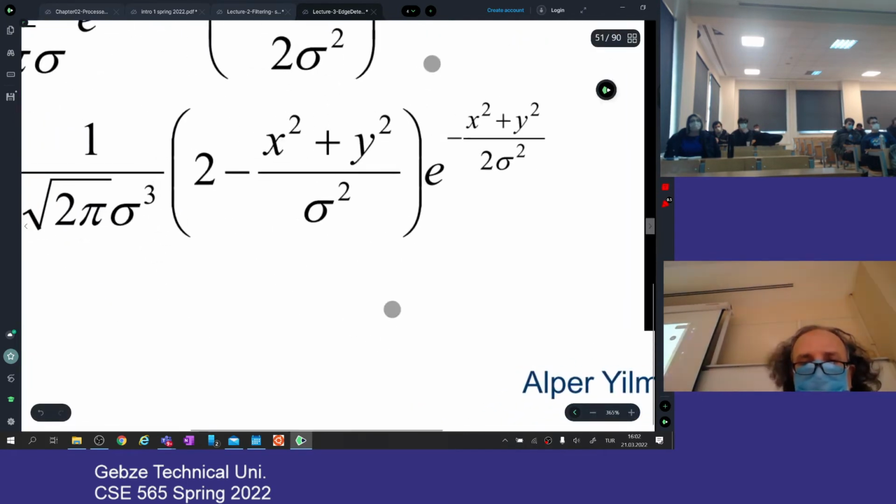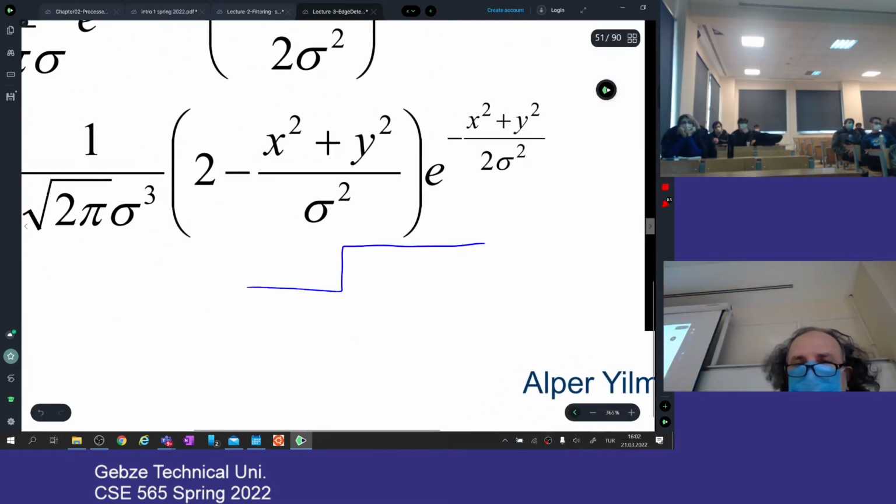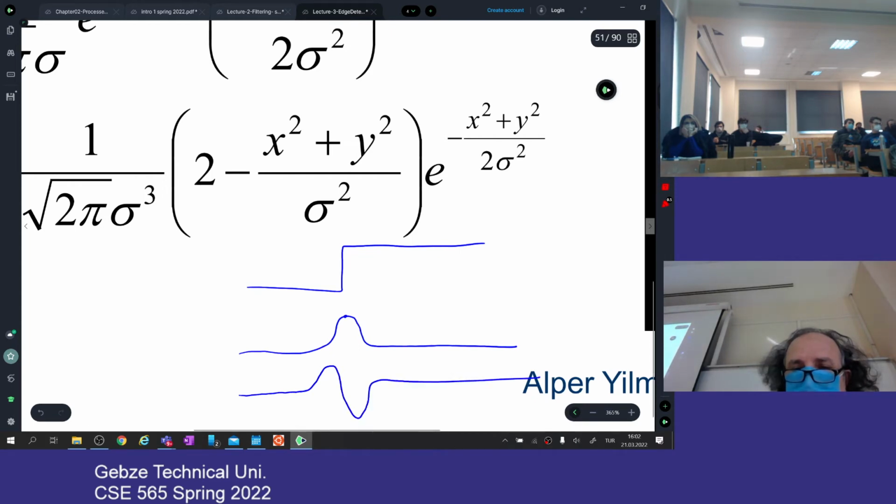Remember this. If this is my step edge, if I take the derivative of it, you will get something like this. To find the peak points, I apply a second derivative, and you will get something like this. I am after this zero crossing point.